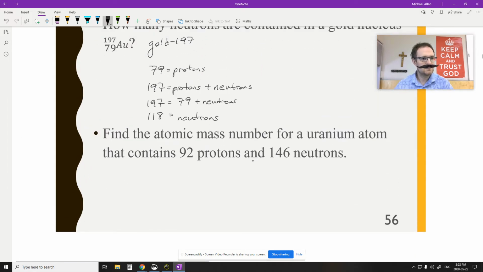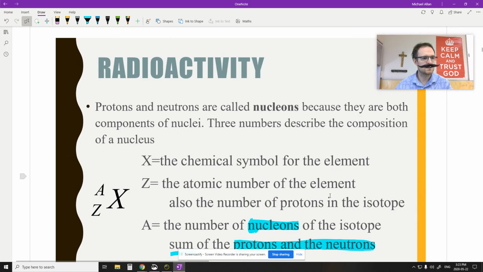Find the atomic mass number of uranium that contains 92 protons. You can look around here, let's see if that's true. Yeah, uranium's 92. And it has 146 neutrons. So its atomic mass number is going to be, hope I'm using the right numbers.